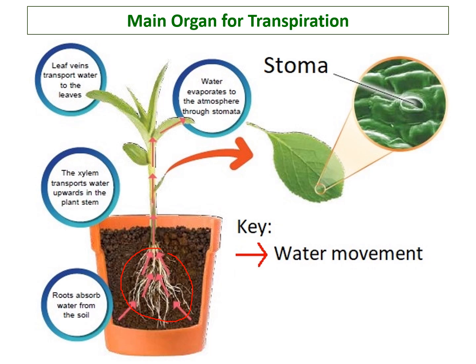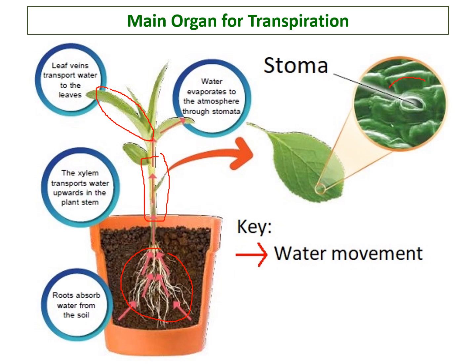And then at this part, the xylem transports water upwards in the plant stems. And then the leaf veins transport water to the leaf, and then water evaporates to the atmosphere through stomata.